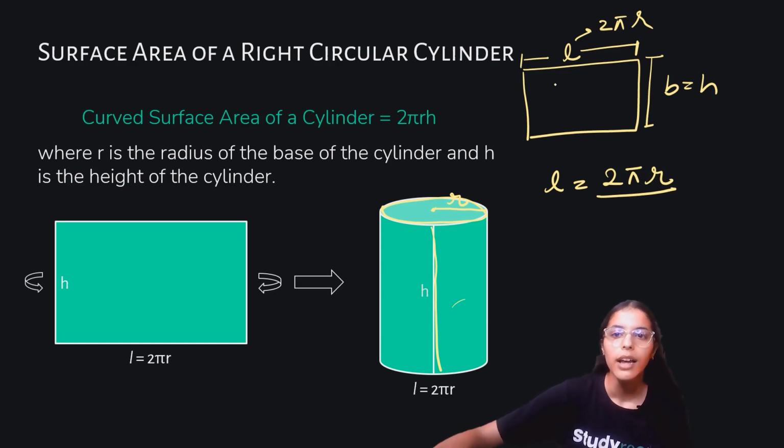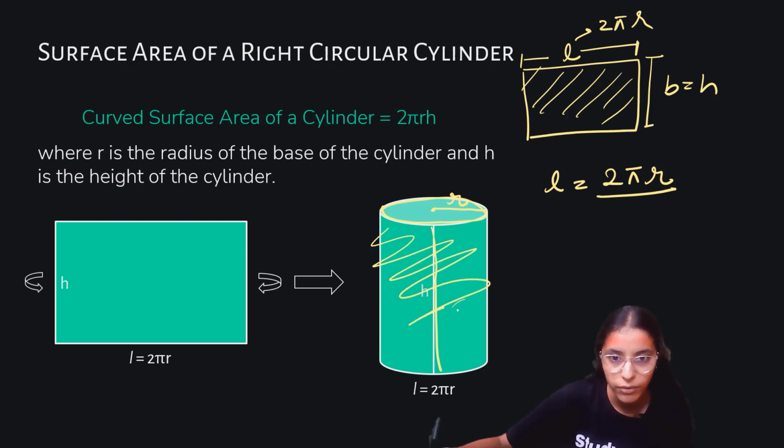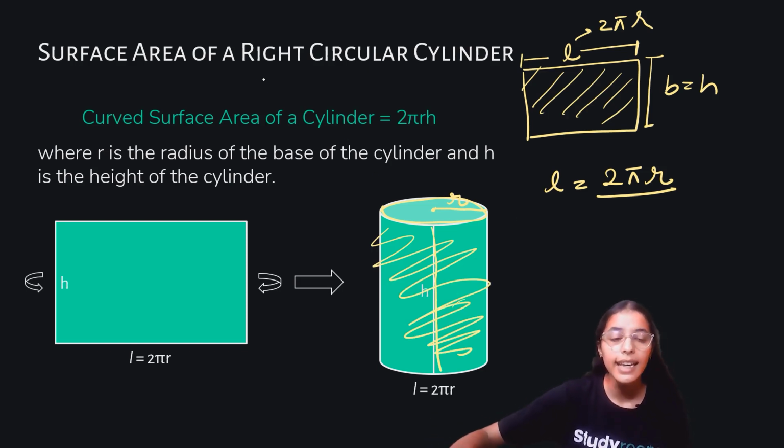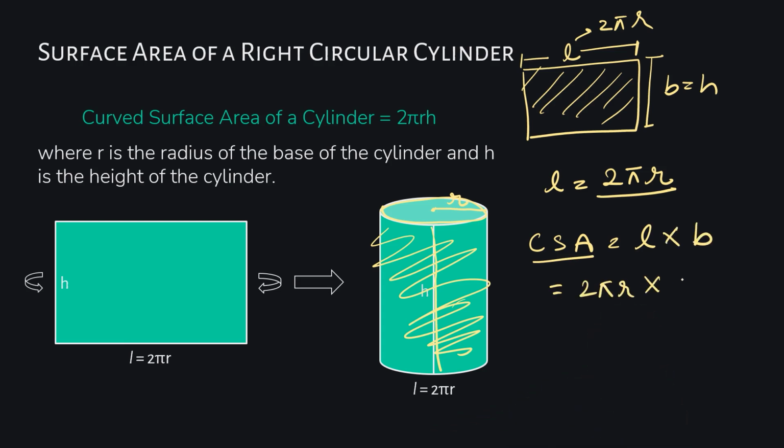So now, our length is 2 pi r and our breadth is h. We know that the area here will give us the area of this part. So the curved surface area, which we can write as CSA, is length into breadth, which is 2 pi r into breadth, which is height. So we have 2 pi r h.